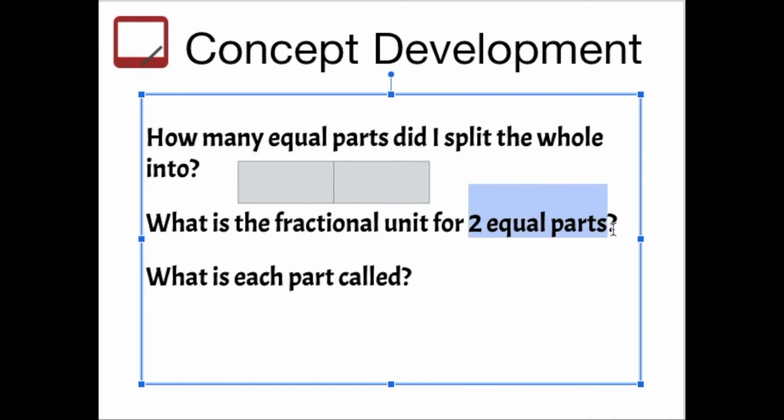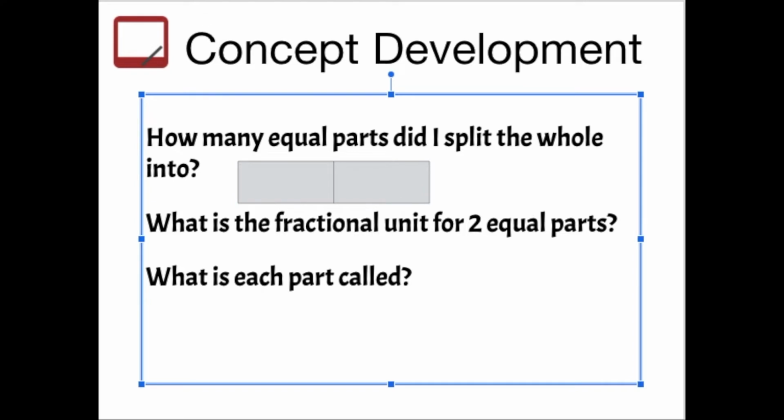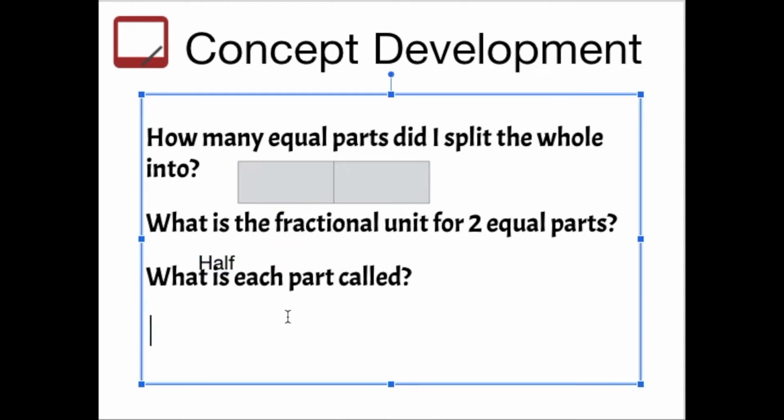If there are only 2 equal parts, what is the fractional unit for that? Well, when you have 2 parts, this is 1/2 and this is 1/2. So the fractional unit for this fraction would be half. That is the word form for the fraction, a half. What is each part called? We already answered that. Each part is called a half, 1/2.